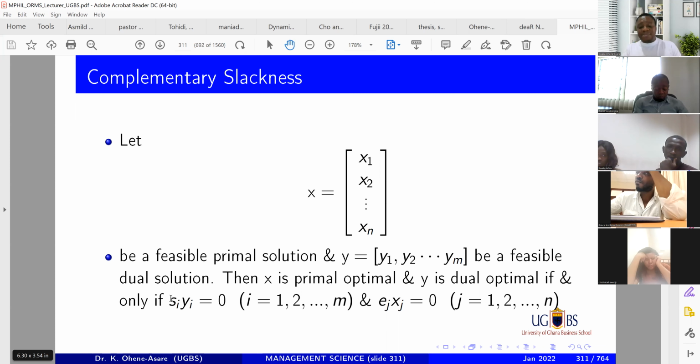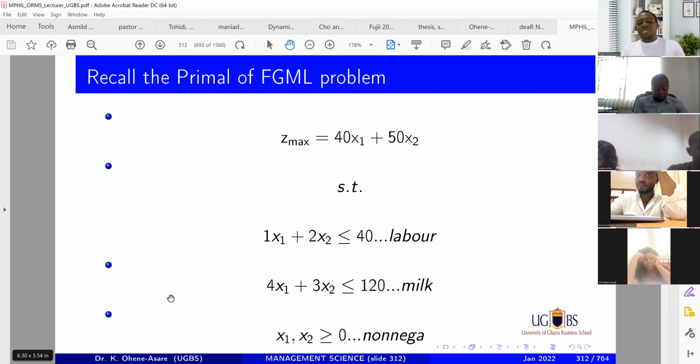If and only if the slacks are 0. And I'm talking about the weighted slacks. If the weighted slacks are all 0, that is only when we say that the optimal primal is a true optimal primal and the dual optimal is a true dual optimal. And that is the complementary slackness theorem.